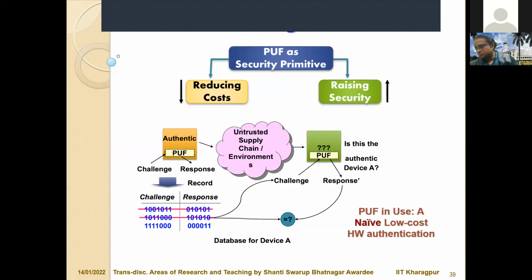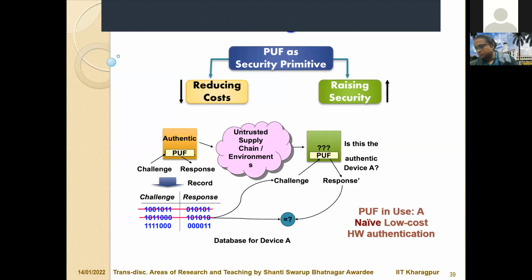However, there are some design challenges that also need to be mitigated because of the definition of PUFs. We cannot clone the PUF because every device has a unique fingerprint. You cannot also use the PUF at the receiver end.